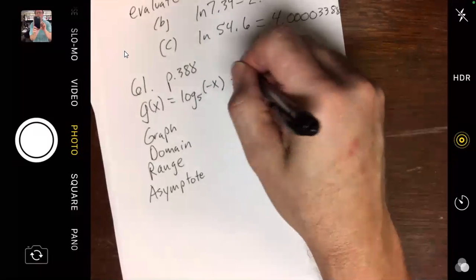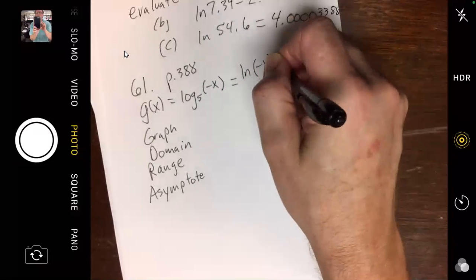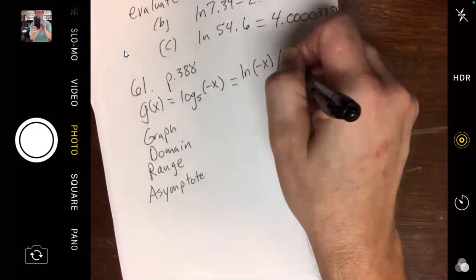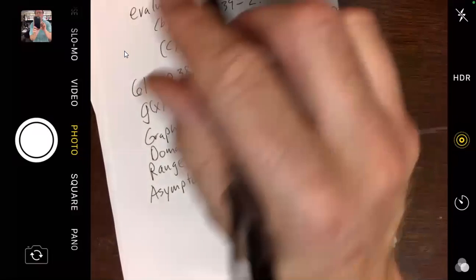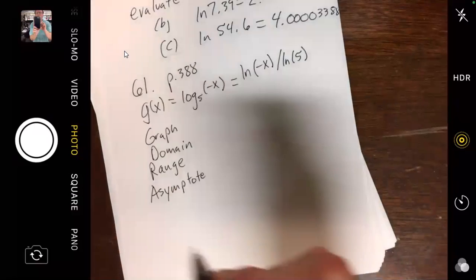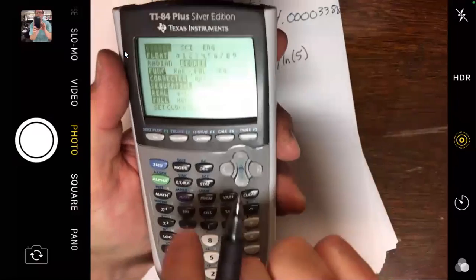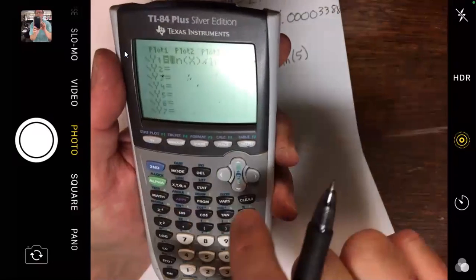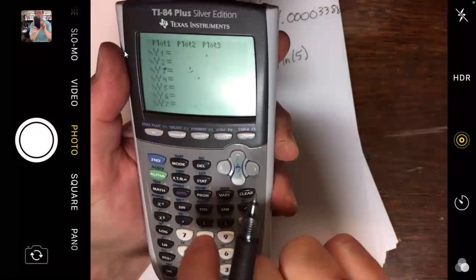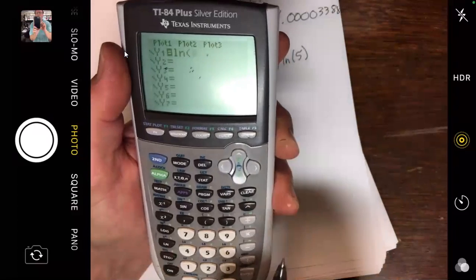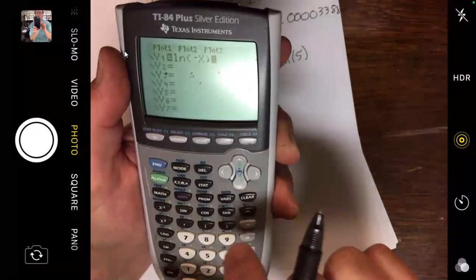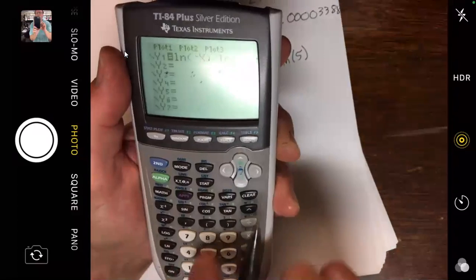You'll have to enter this as an ln of a minus x divided by an ln of 5. And negative x, ln 5.